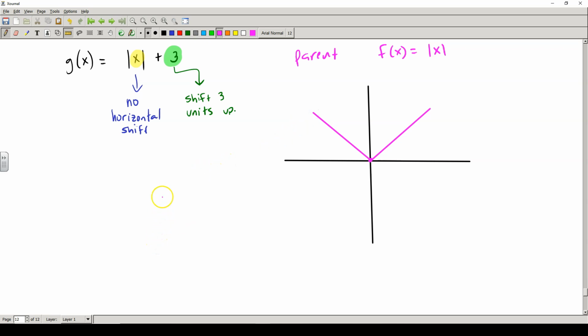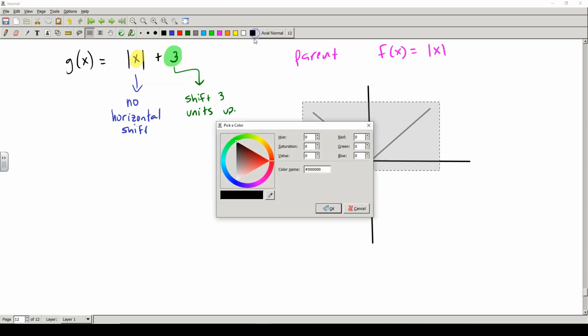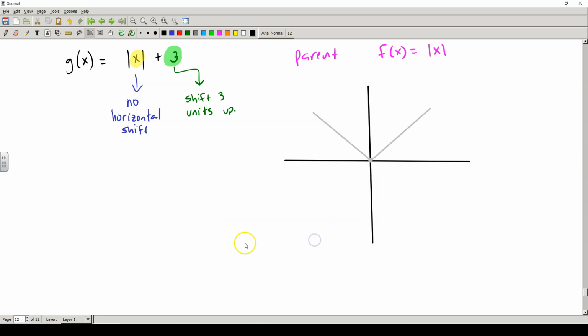So there's my parent function. And if you're doing this in pencil, and you're going to make 2 graphs like I'm doing here, a good thing to do is just to make it light. Just maybe sketch it lighter, and then put your final graph in, just darken that final graph.